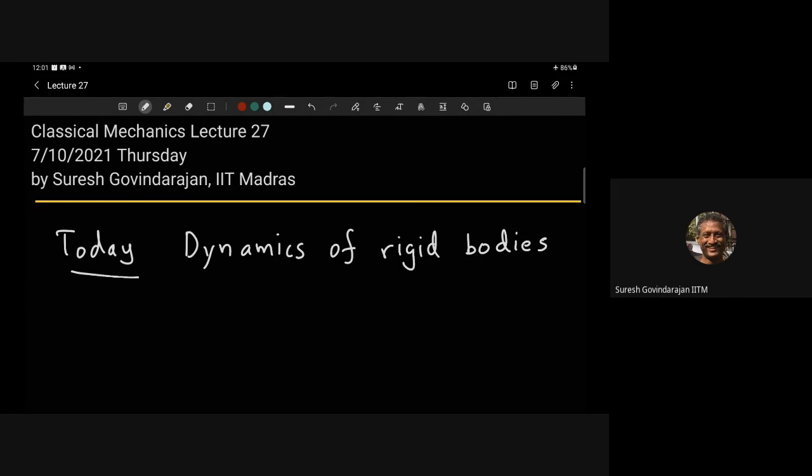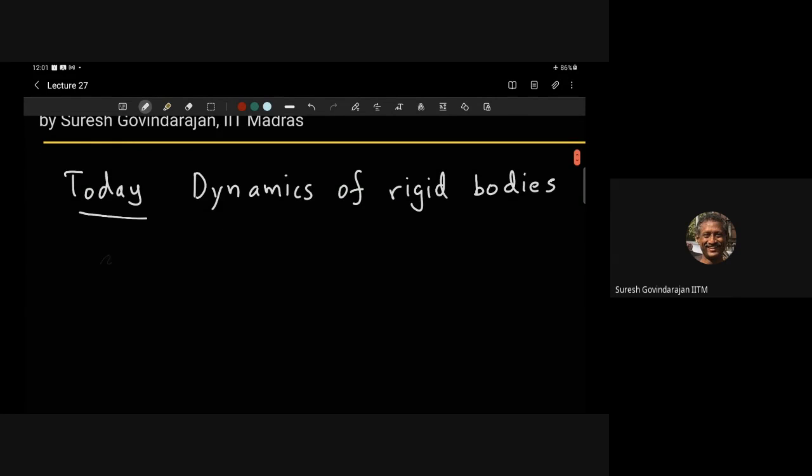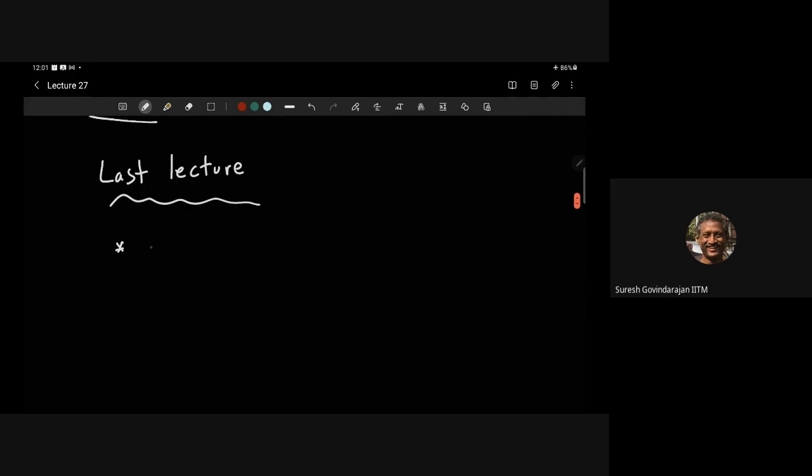Okay, so last lecture we did the statics of rigid bodies. We saw that we could choose nice natural coordinates for a rigid body.